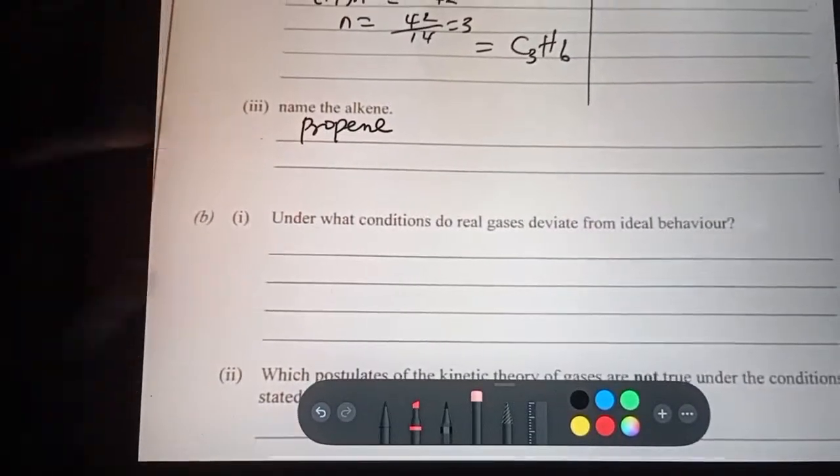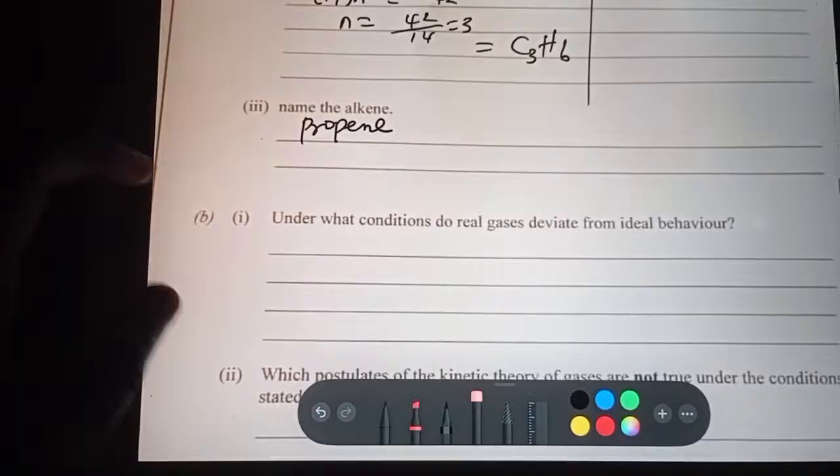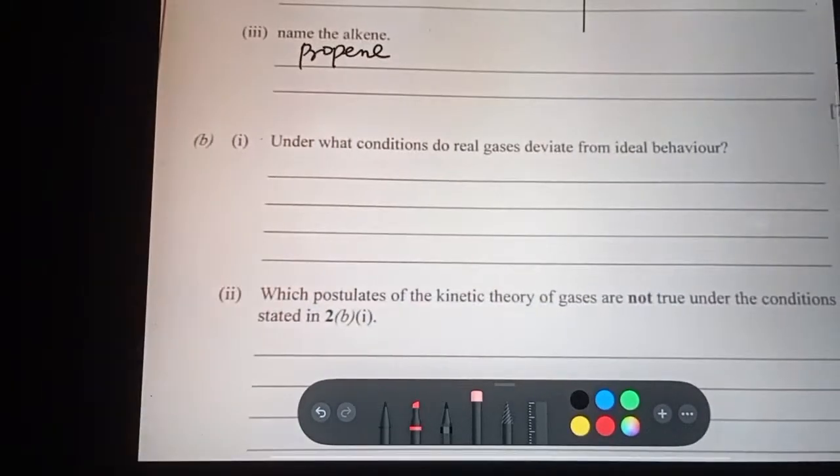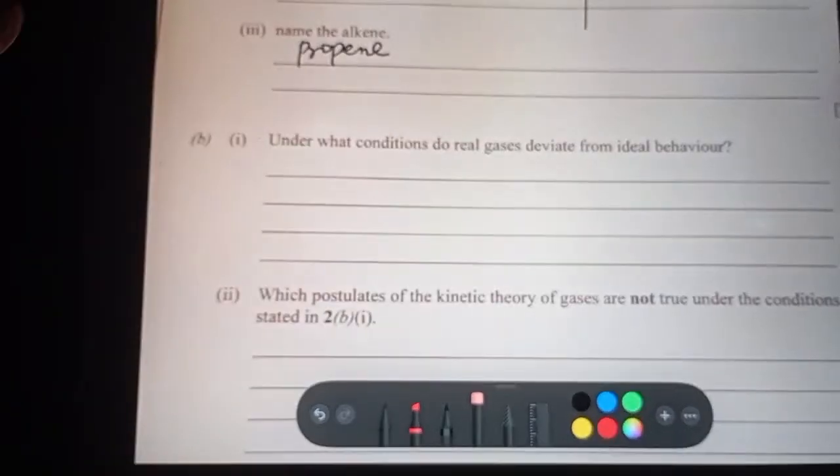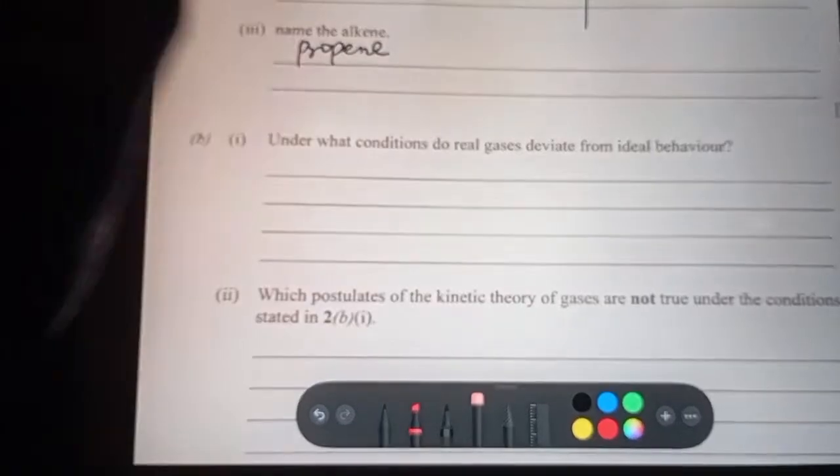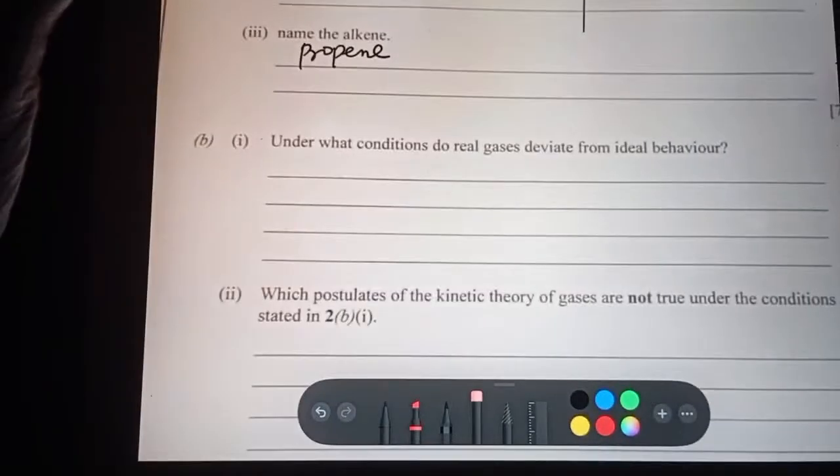Now, under what condition do real gases deviate from ideal gas? This is now ideal gas behavior. Under what condition do real gases deviate from ideal gas?